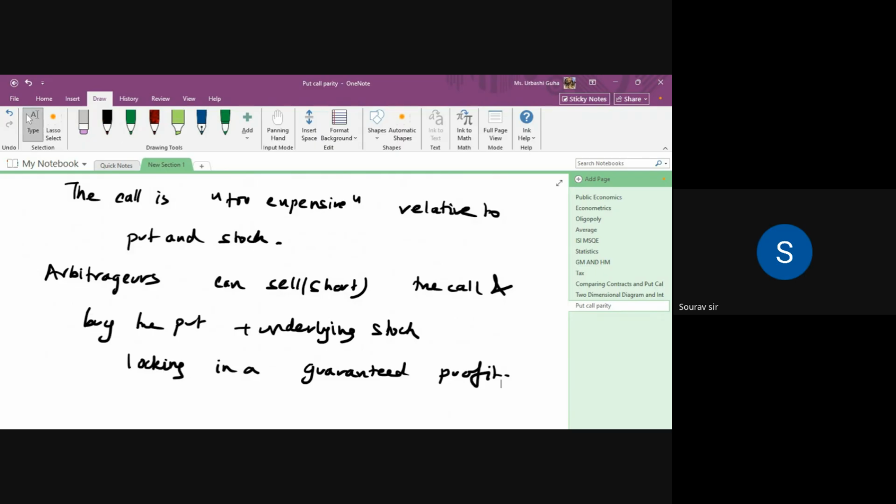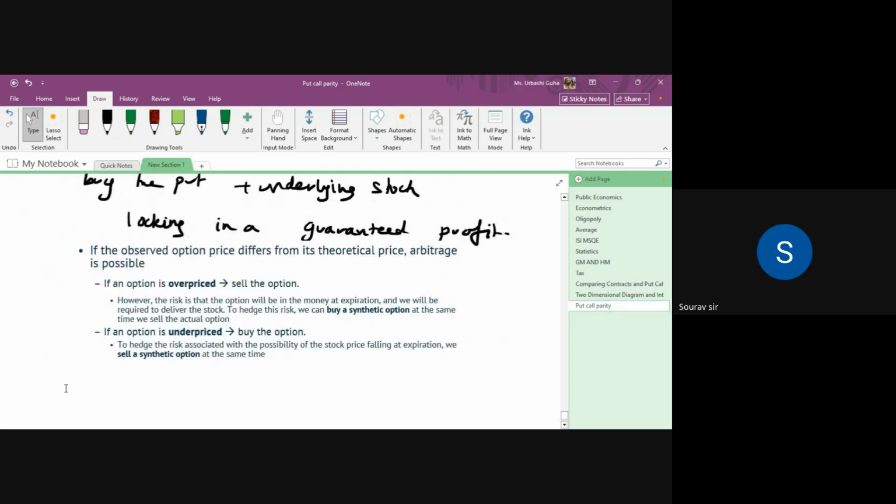Now, arbitrage opportunities. So if the observed option price differs from its theoretical price, then arbitrage is possible. So there are two situations. If the option is overpriced, then what do we do? We sell the option. Okay.